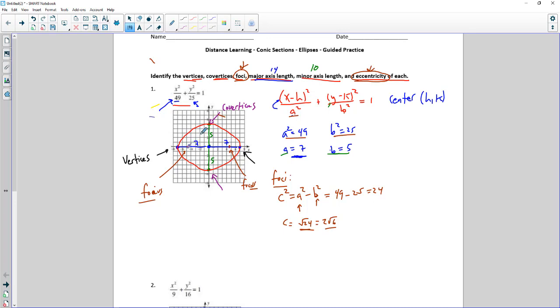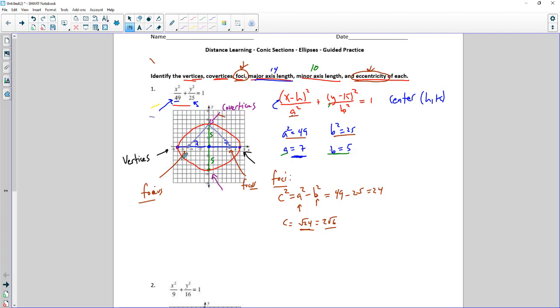I put a point here and I put a string and I just nailed it right there and right there. The length of this entire string is the same as the length of the major axis. This is always true. If I were to pull a pin through this up into the string and pull it taut, I can draw around these two foci and it will create the shape of this ellipse.